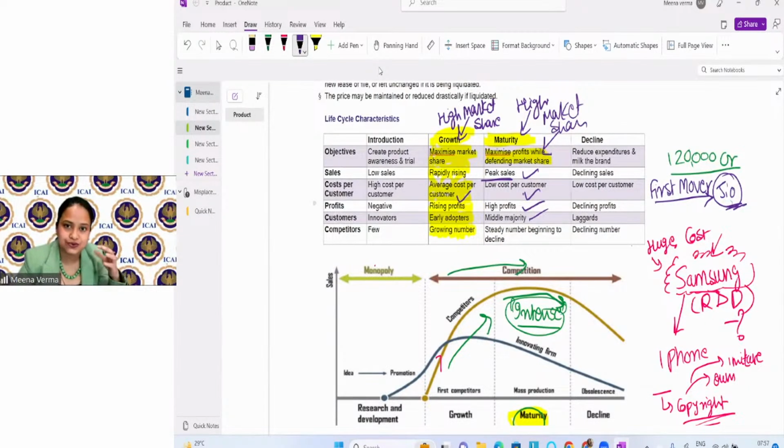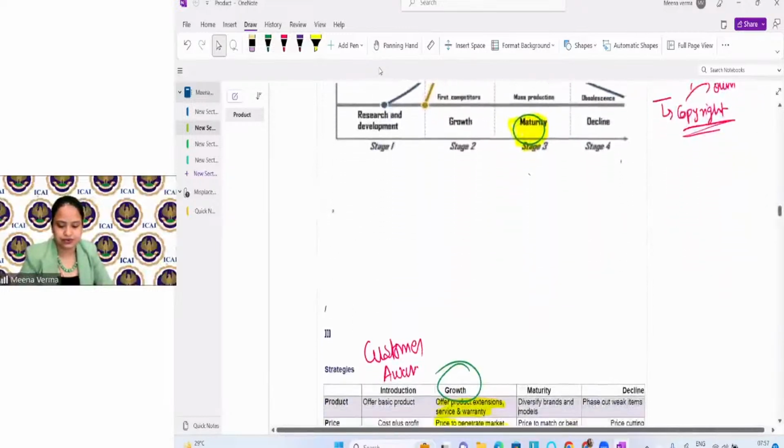Doesn't matter whether it has features or facilities or not, or is expensive, they have brand loyalty. So in this stage, generally the customers who have brand loyalty will keep buying the product from them, right? Okay. And obviously the competition is intense in this stage.